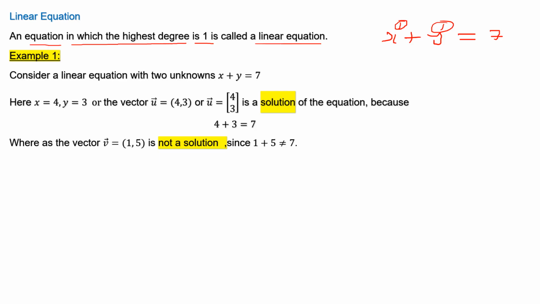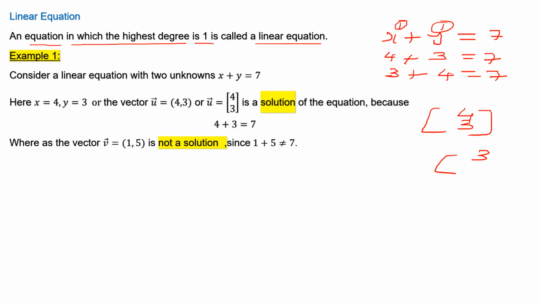If I take x equal to 4 and y equal to 3, then I will get 4 plus 3 equal to 7. Or even if I take x equal to 3 and y equal to 4, they should be equal to 7. So I say the values 4 and 3 are the solution of the linear equation, or I can say 3, 4 are also a solution of the linear equation x plus y equal to 7.